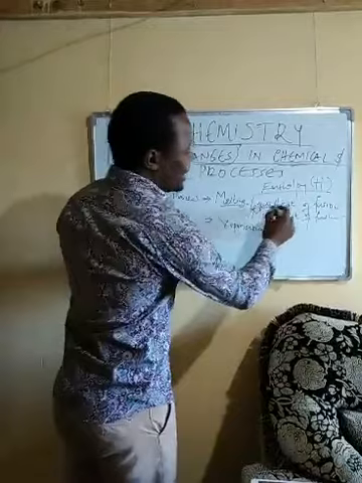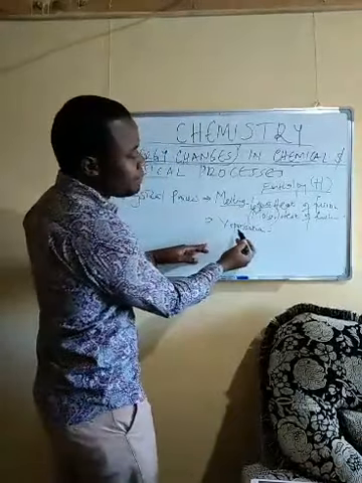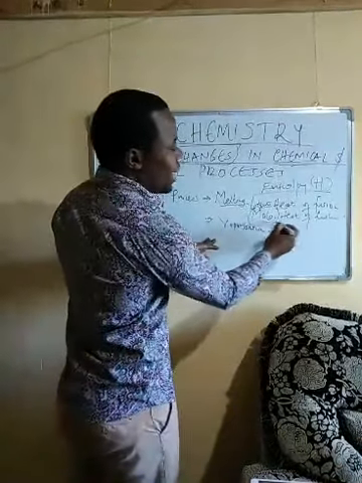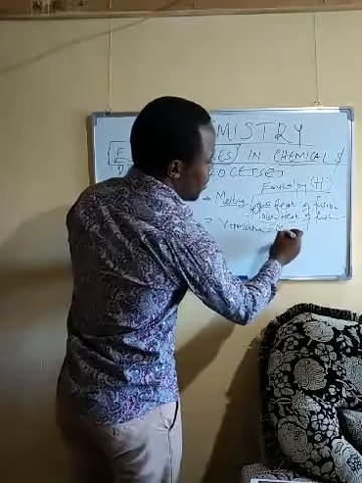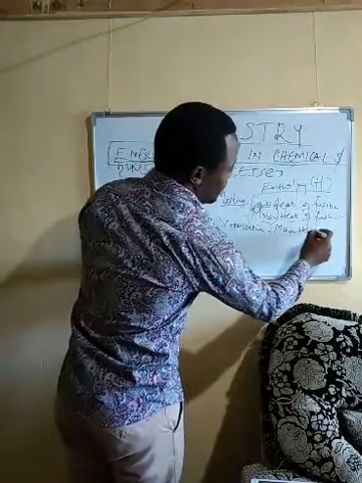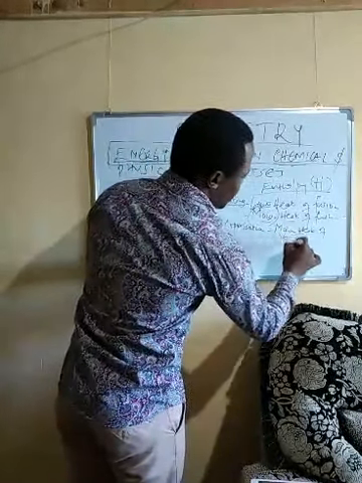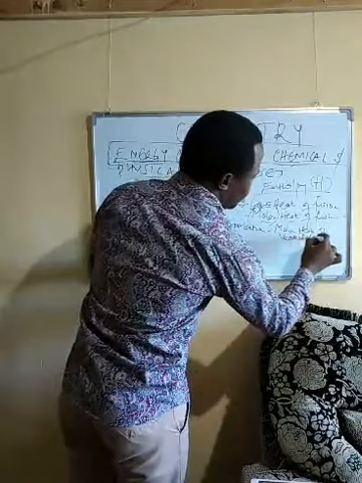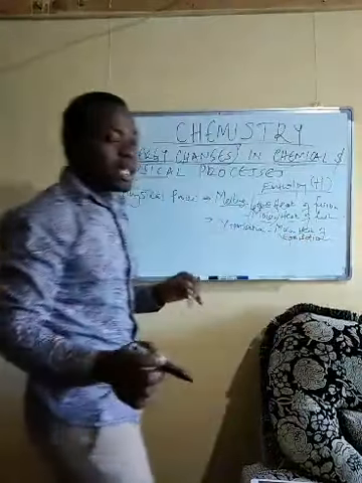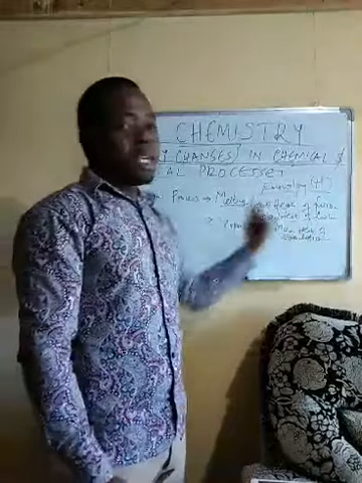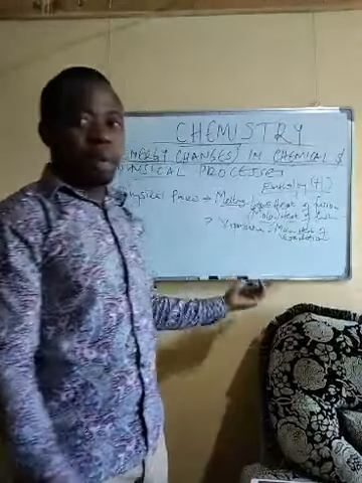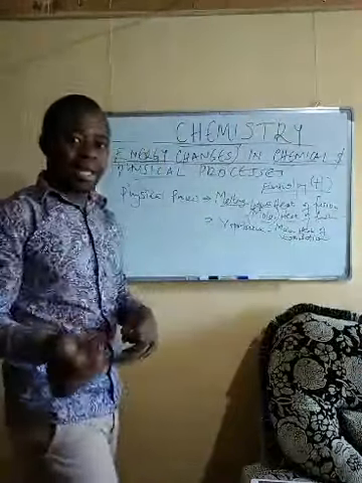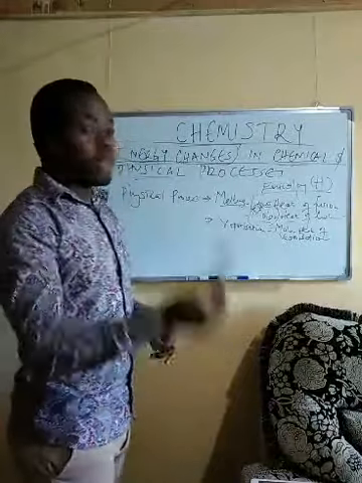So we have latent heat of vaporization, and we have molar heat of vaporization. And this is the enthalpy change when 1 mole of a liquid changes into a gas at a constant temperature, or without change of temperature.